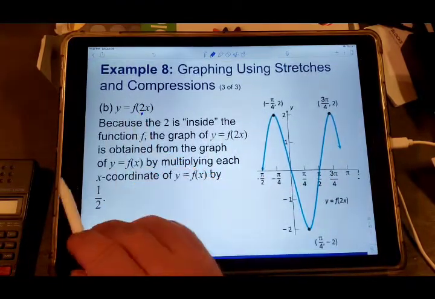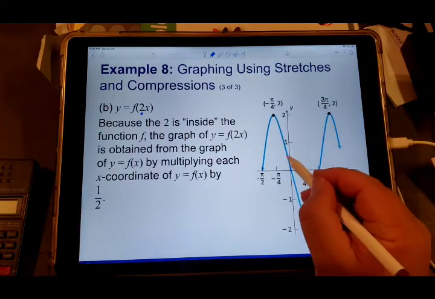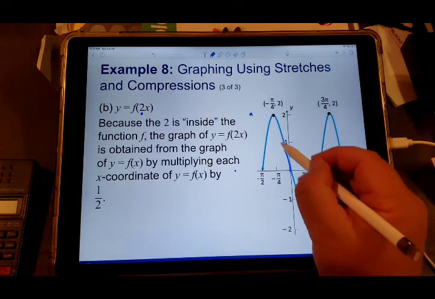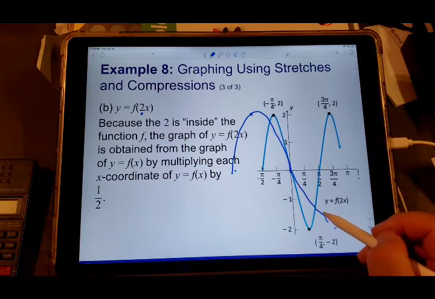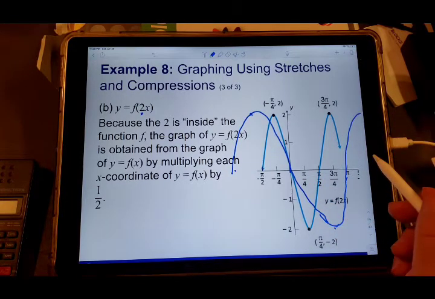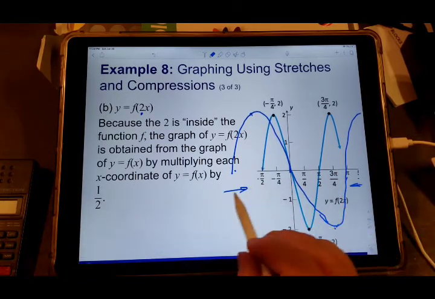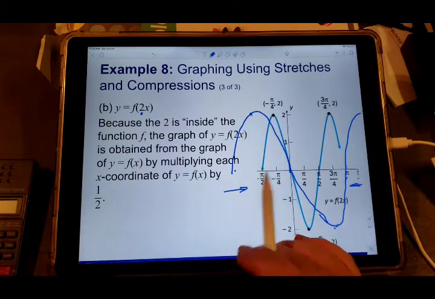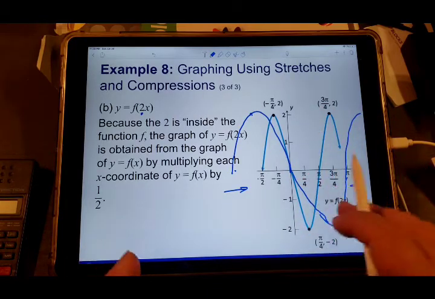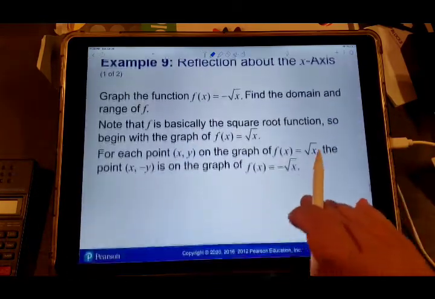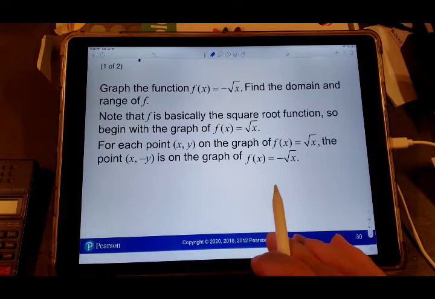This one is a compression along the x-axis. And so the original graph must have been like this, but they compressed it. So compressing it will give you this new graph. Unfortunately, they have the different scale here. If they overlaid all of them, I think we'd see it a little bit better. But the book has plenty of examples of that.